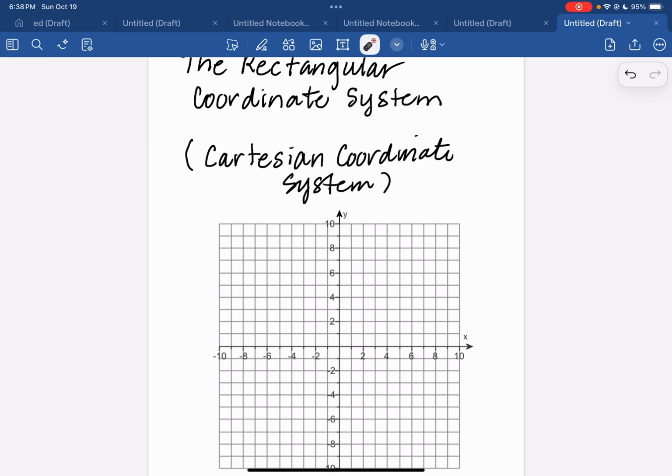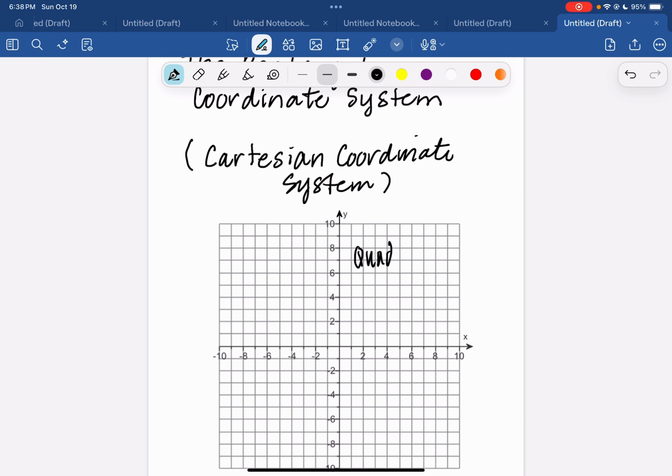And when you do that, it divides this coordinate plane, if you will, this flat surface, into 4 sections called quadrants. So this one is quadrant 1.